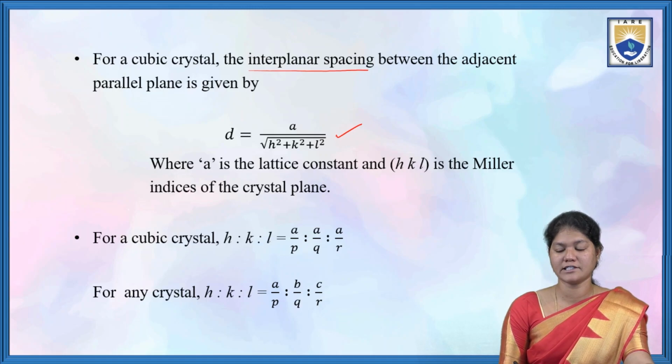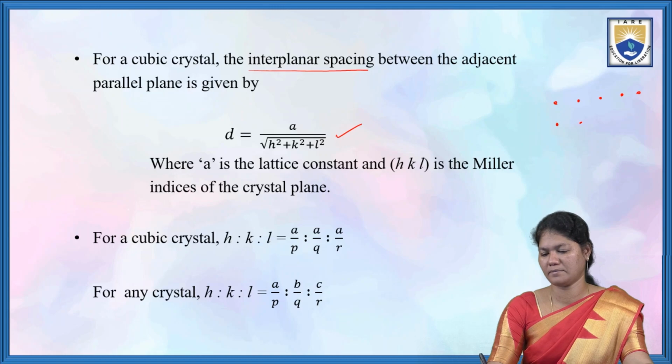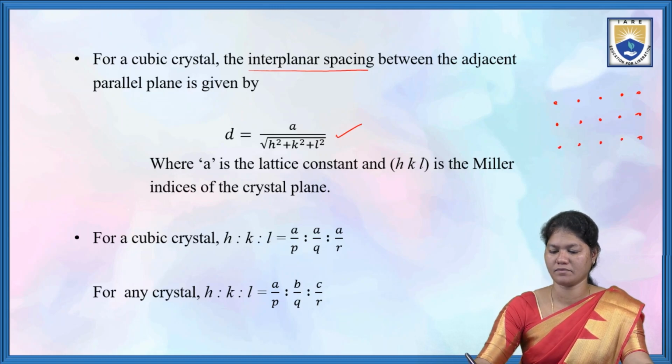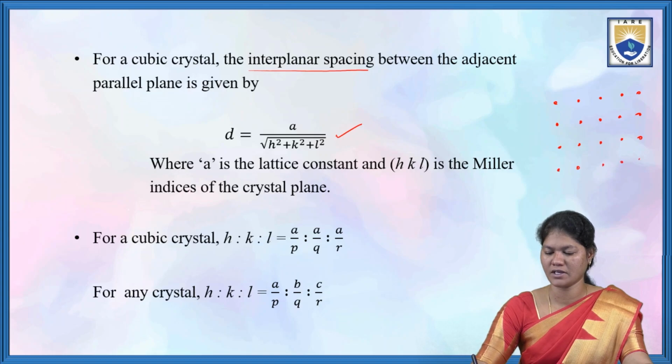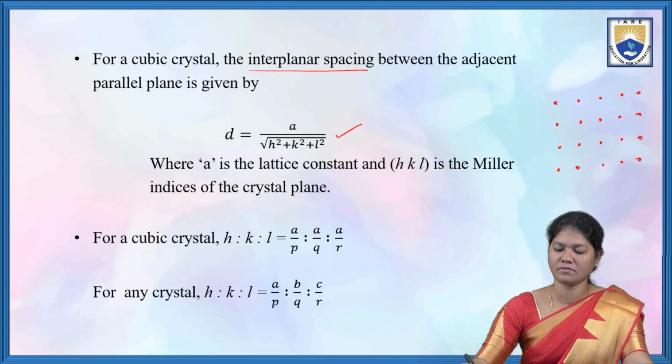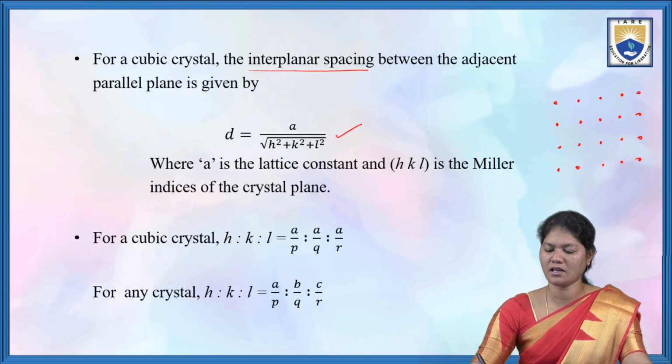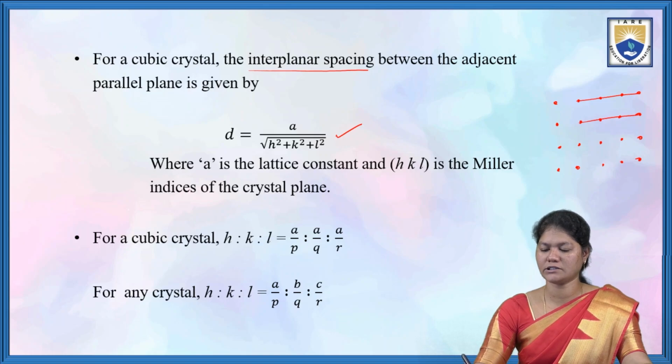Regarding lattice planes or crystal planes, a set of equidistant parallel planes passing through the lattice points is called the lattice planes.